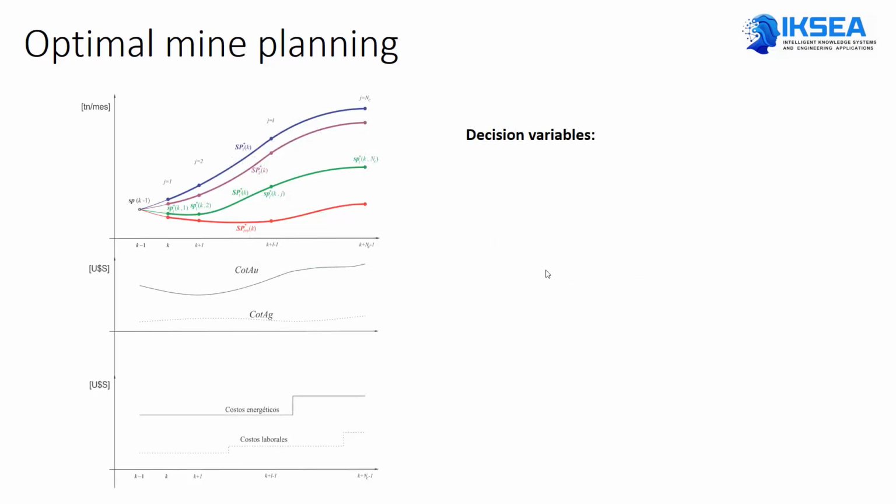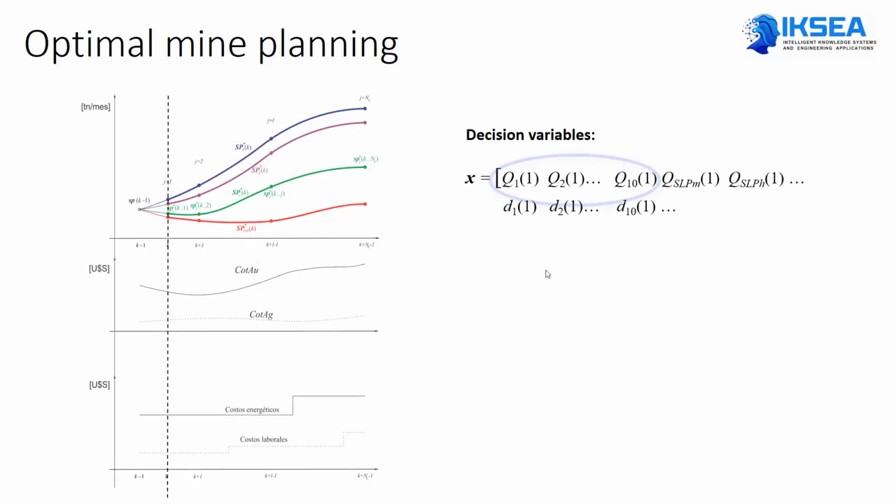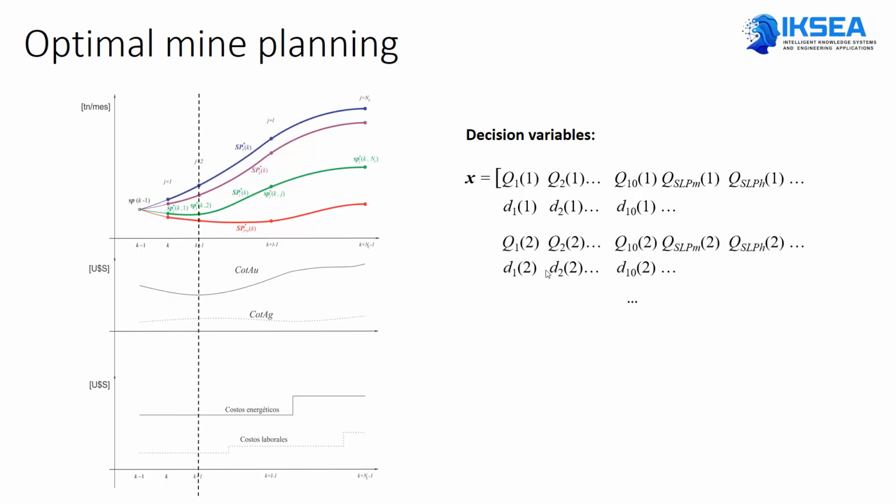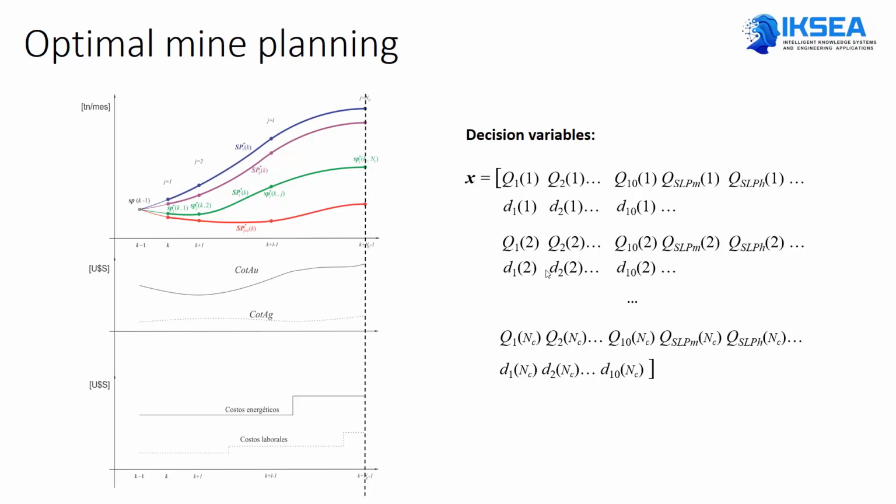The vector of decision variables includes the flows to be extracted from the mine, the flows from the stockpile to the treatment plants at the current time, and the destinations of these flows, all at the current time, then at the next time interval, and so on until the end of the mine life.